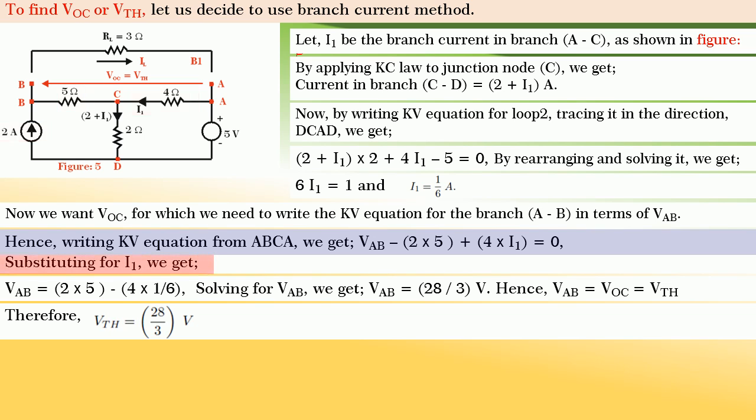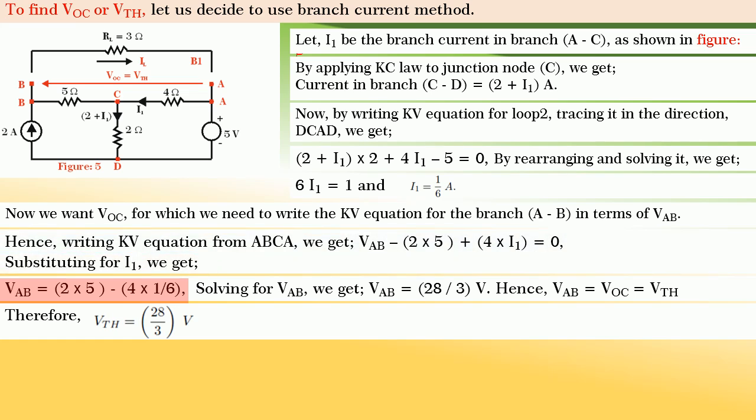Substituting for I1, we get VAB is equal to 2 into 5 minus 4 into 1 by 6. Hence, solving for VAB, we get VAB is equal to 28 by 3 volts. Hence, we know VAB is equal to VOC is equal to V Thevenin. Therefore, V Thevenin is equal to 28 by 3 volts.